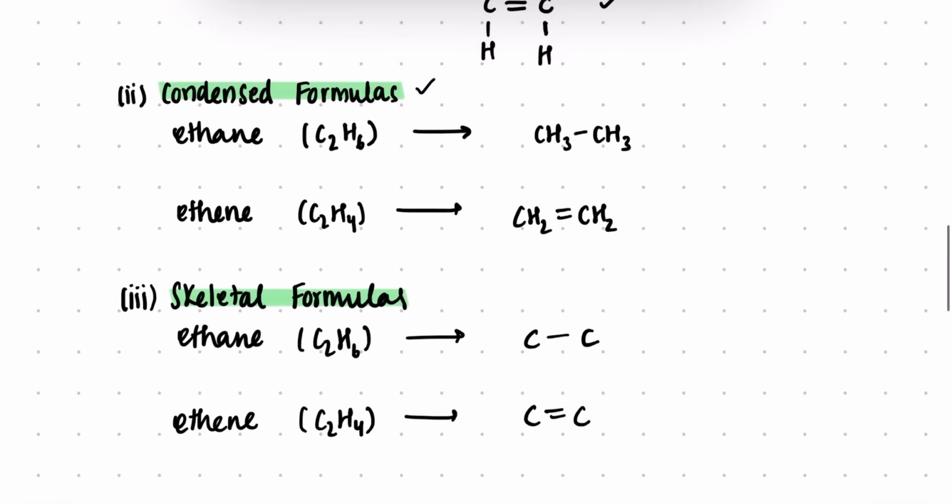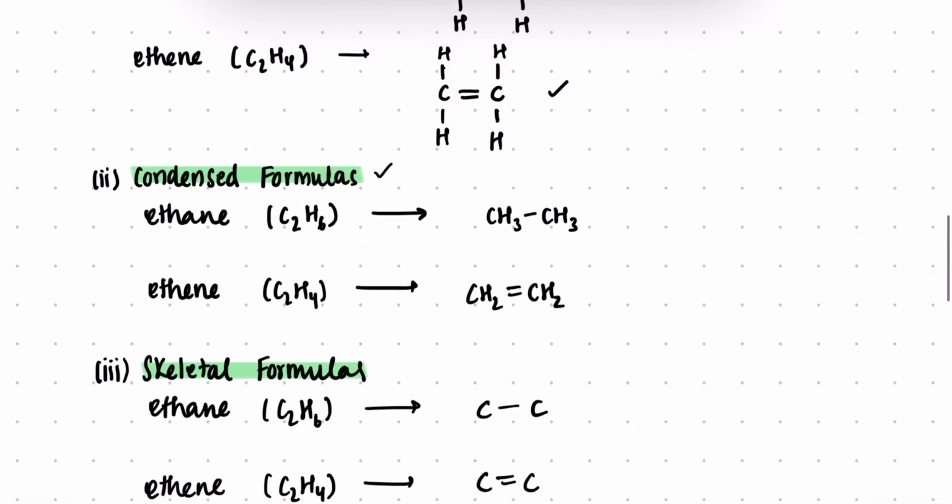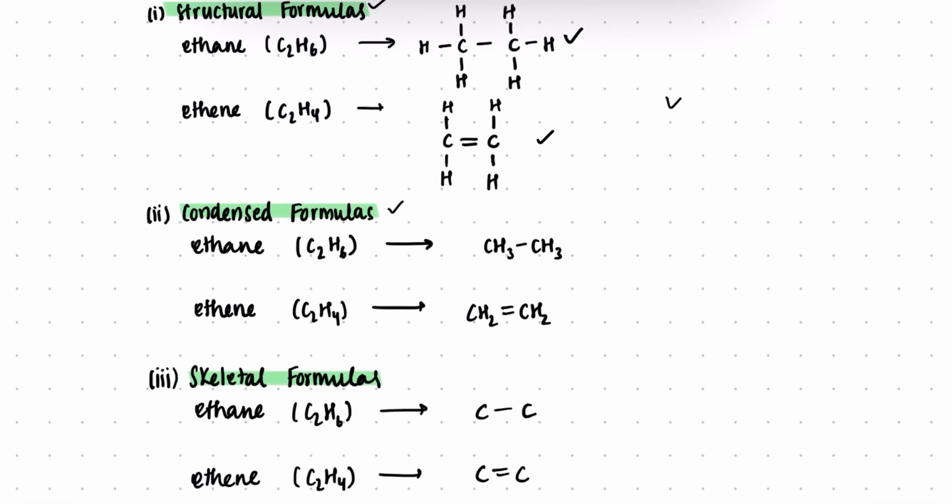So if you look at the difference between these three so far, you'll see that in structural formulas, you're showing every single bond. Every bond, including the ones between carbons and the one between carbon and hydrogen. And if there were other atoms too, like oxygen or nitrogen, you would also show those bonds as well.